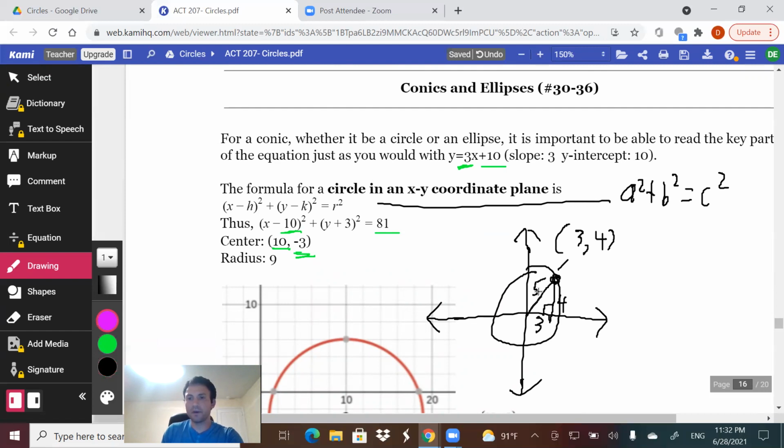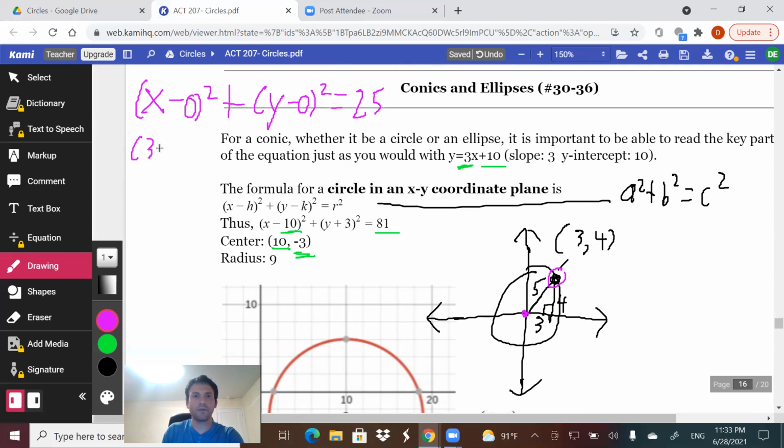Well, if I were to write the equation for this, it would be x, and because our center is right at the origin, it would be x minus 0 squared plus y minus 0 squared equals r squared, so 5 squared, so 25. Well, the cool thing is any point on the circle should make the equation balance.